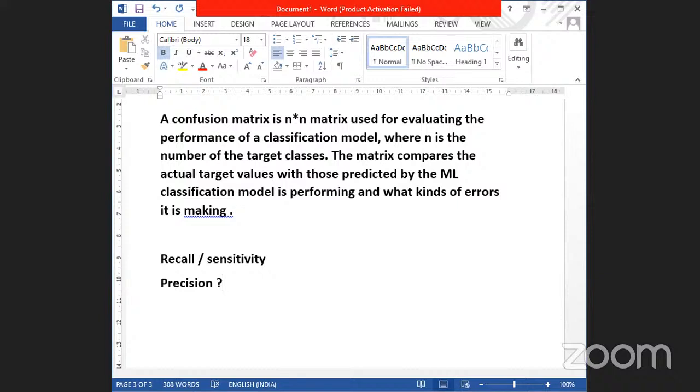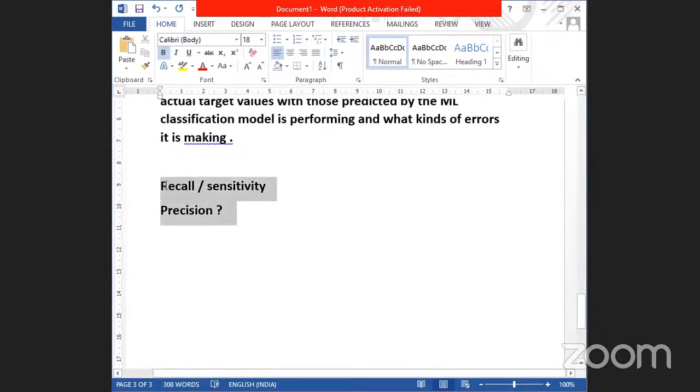What about precision? Precision is: out of predicted positives, how many are actually true positive? And we have F1 score, F2 score also there. Okay, so we will move to our next question.